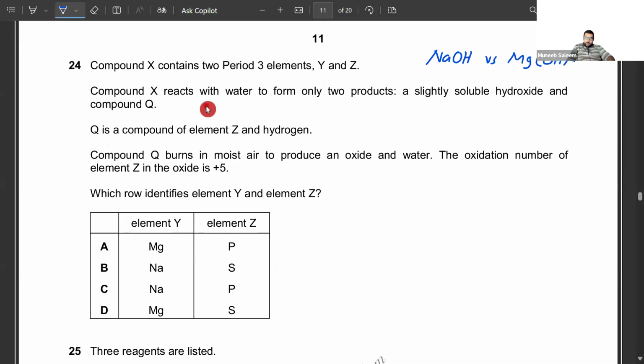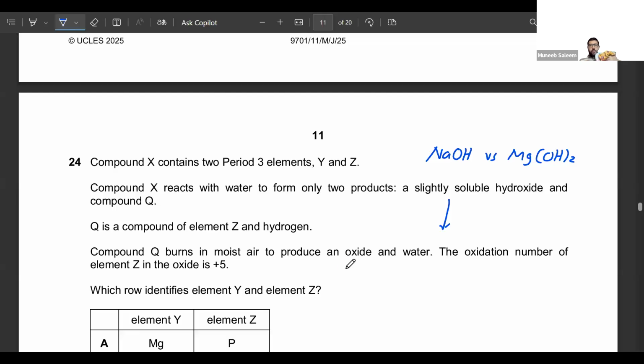Now if we remember the solubility trend of the group 2 hydroxides, moving down the group, solubility of the hydroxide decreases.